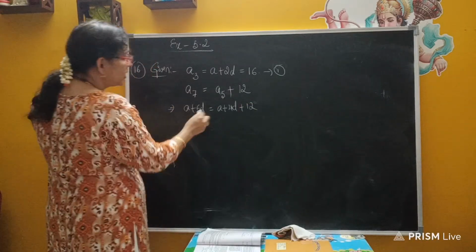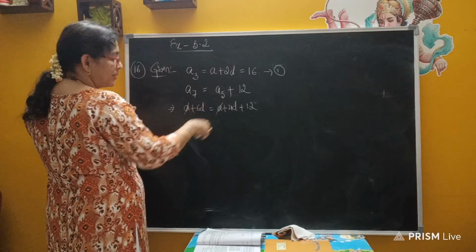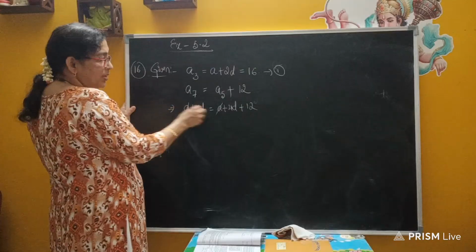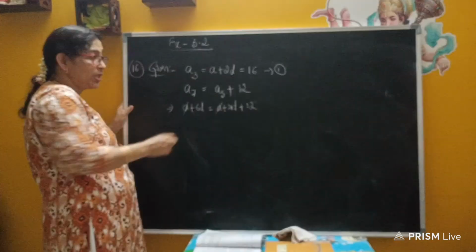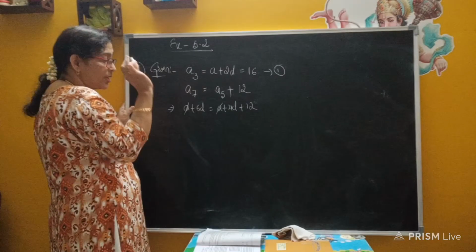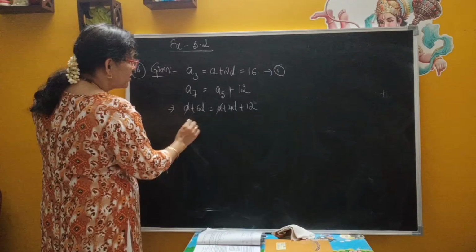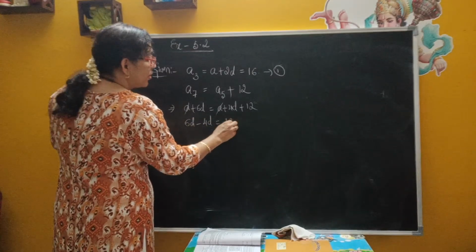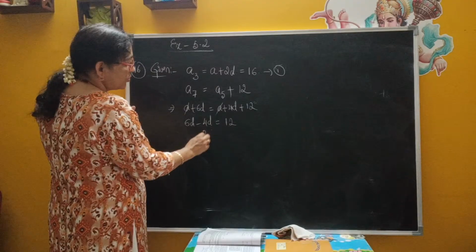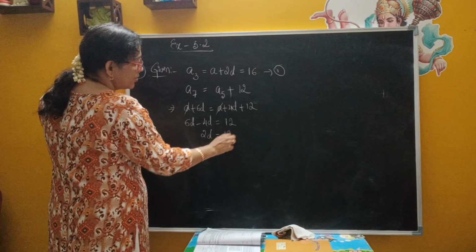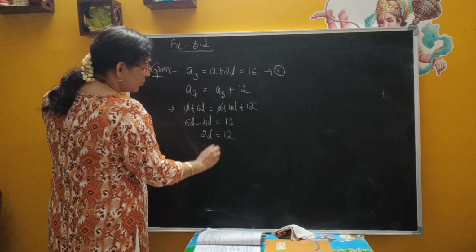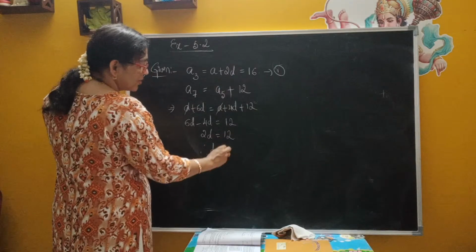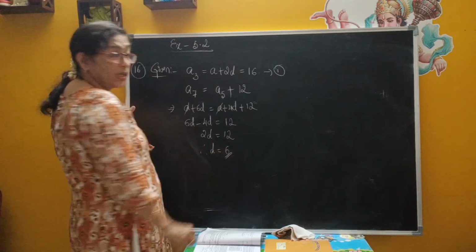Let us simplify. A gets cancelled. Here also plus A, here also plus A. If I transpose one of the A, this becomes minus A, so it gets cancelled. So 6D minus 4D is equal to 12. 6D minus 4D is 2D. 2D is equal to 12. So, what is the D value? 2 6s are 12. So, the common difference is 6.